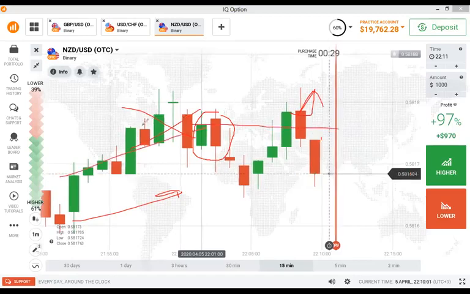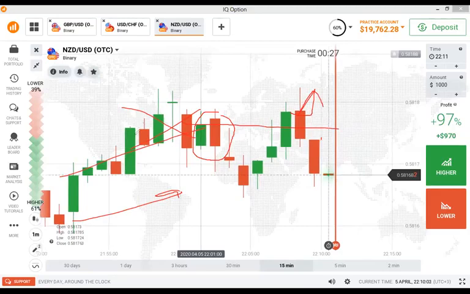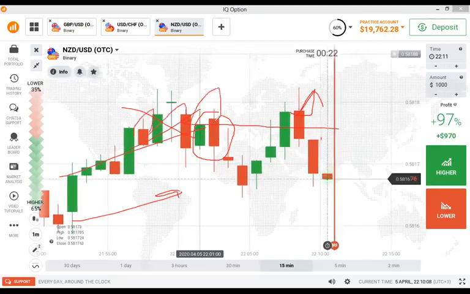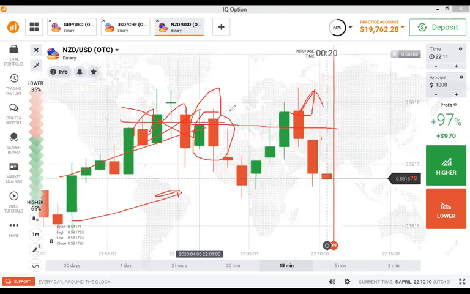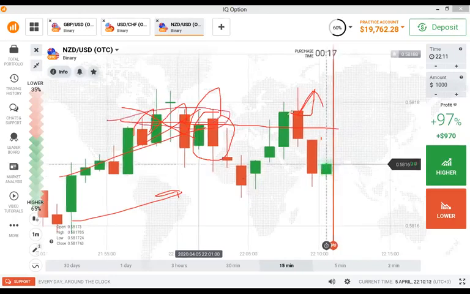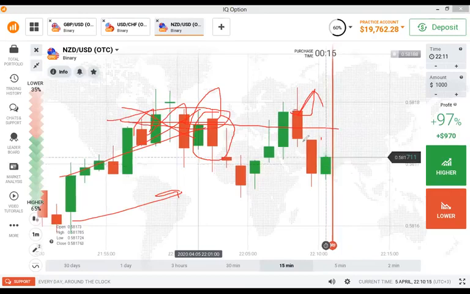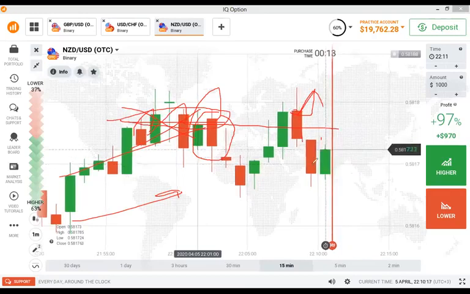So here we have more than one turning point. We have 1, we have 2, we have 3. So we use this as a seller's area. This candle closes at the sellers area, sellers enter.